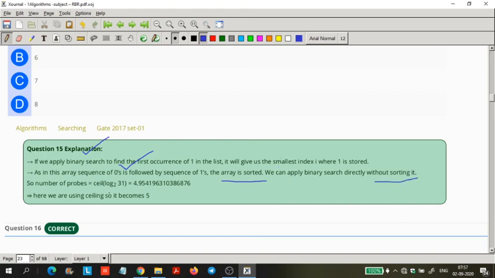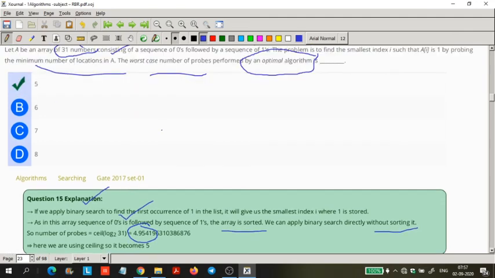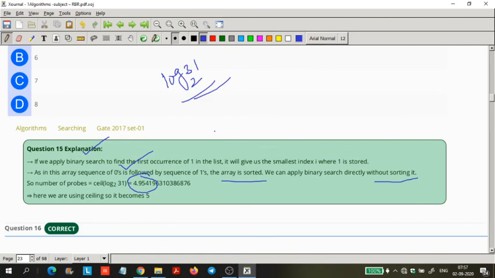So the number of probes is the ceiling of log 31 to the base 2, which is 4.95. Here we are using the ceiling, so it becomes 5.